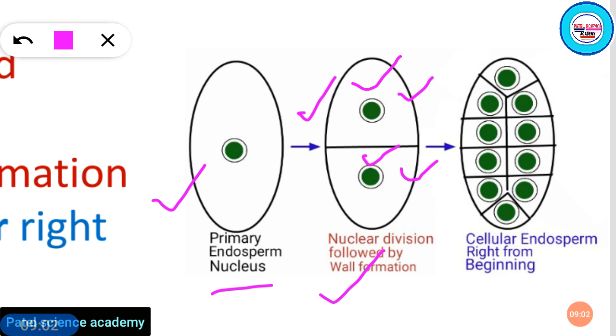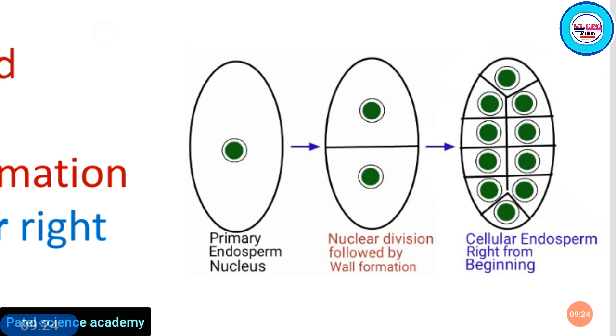Likewise, this is the formation of the cellular endosperm, and then eventually the cellular endosperm, with the different nuclei surrounded by the cell wall, is formed right from the beginning. So this type of endosperm is called cellular endosperm.